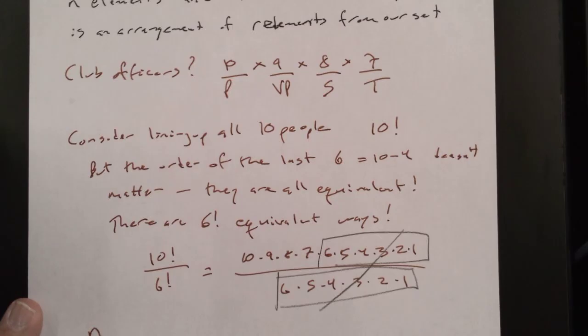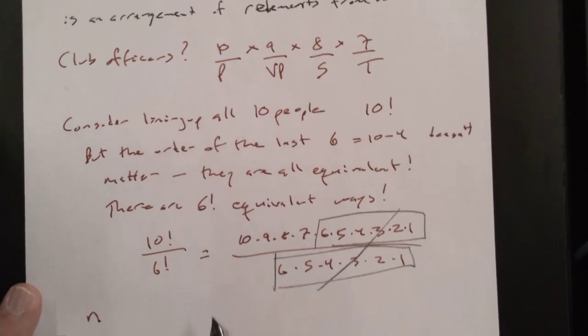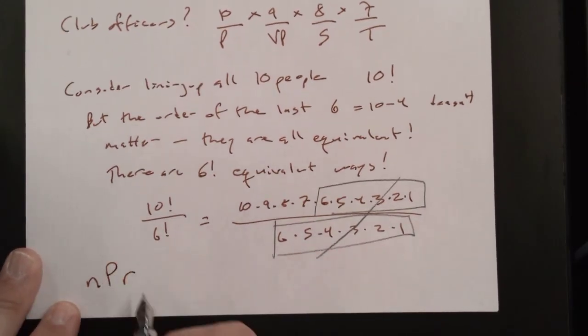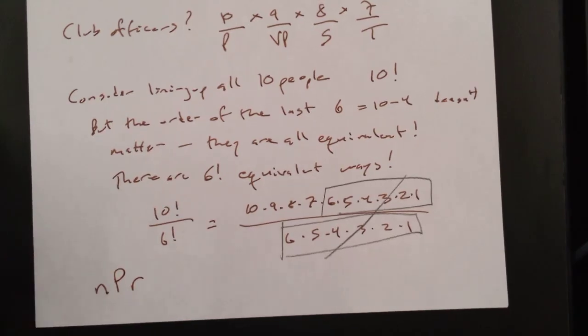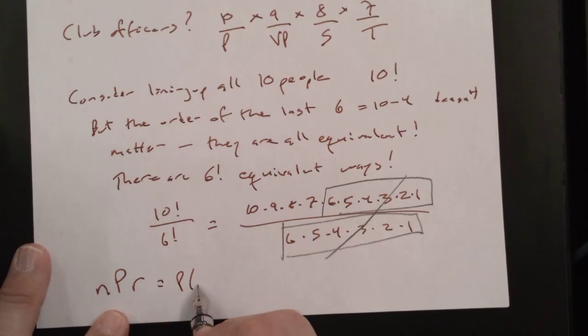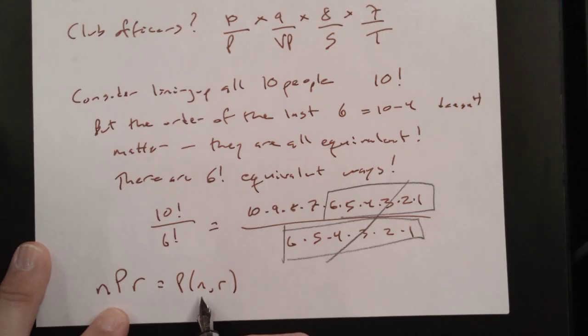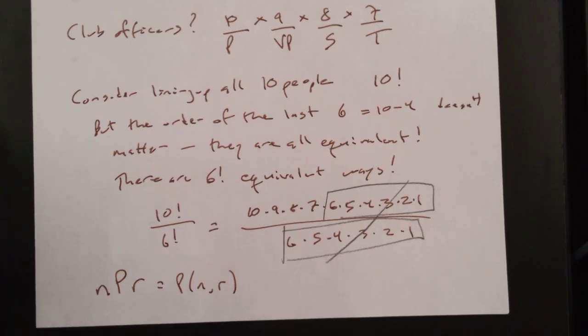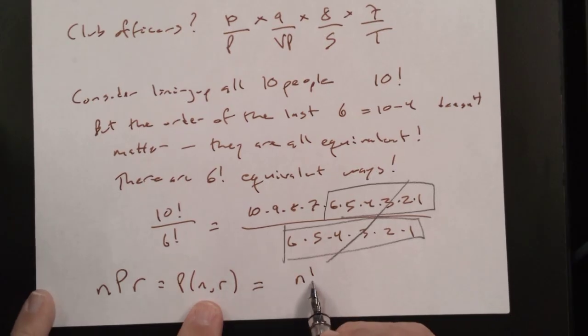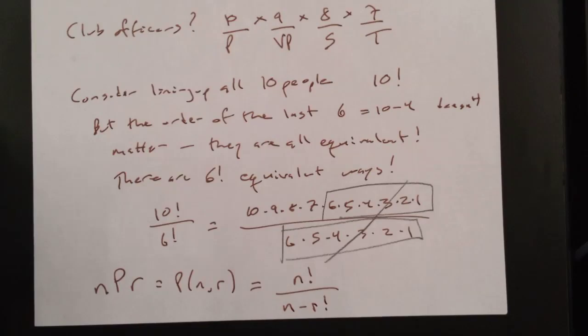Out of N, we're going to pick R of them. Sometimes you'll see this written as P(N, R), a permutation from N things, get R of them. Thus the R permutation part. And now I can say this is N factorial over N minus R factorial.